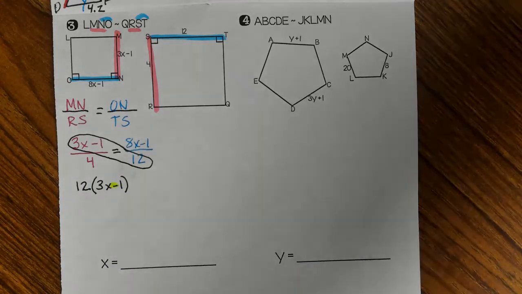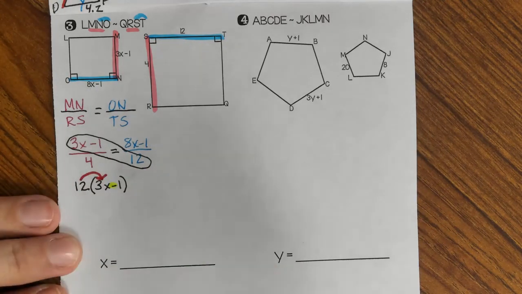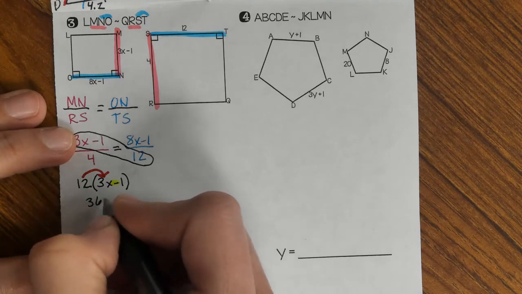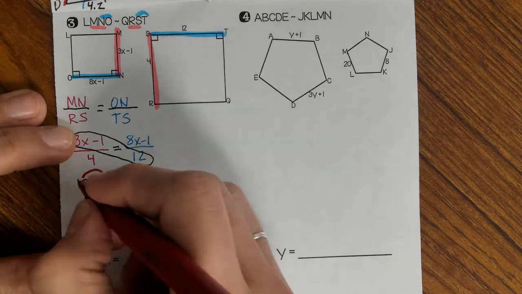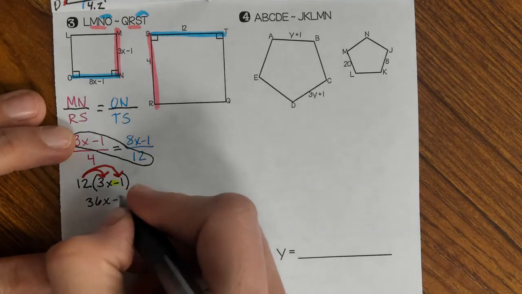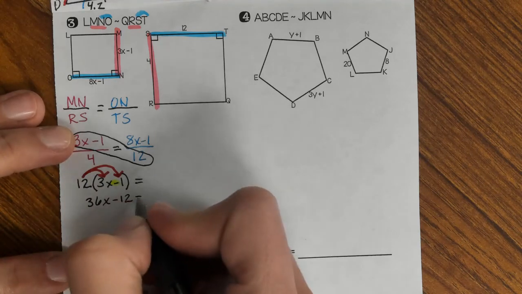Then when I do my distribution, I'm going to take that 12 times 3x, and I will get 36x. Take the 12 times the negative 1 and get a minus 12. I didn't even do the other side yet, did I?